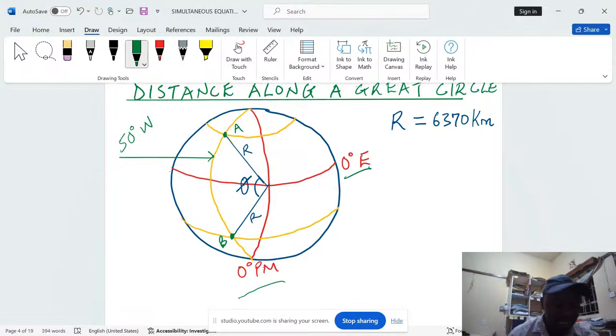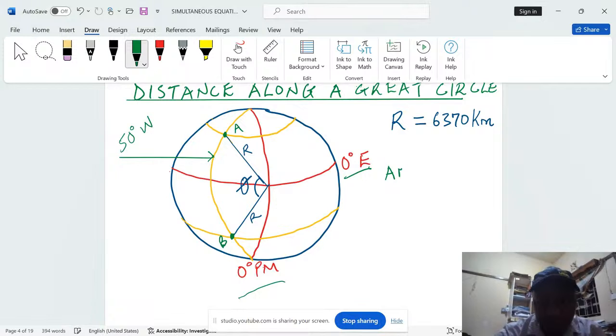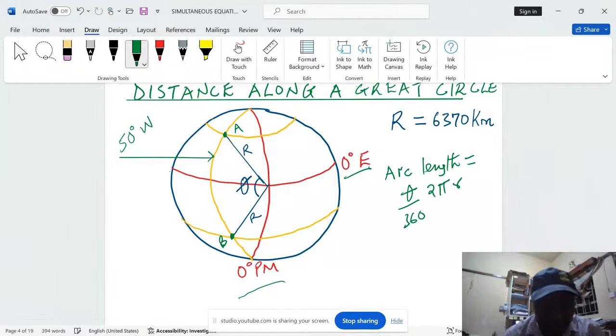We usually calculate it just like the way you can calculate the length of an arc of any other circle. You know the formula for getting an arc length is usually given by the angle at the center divided by 360, times 2 pi radius.